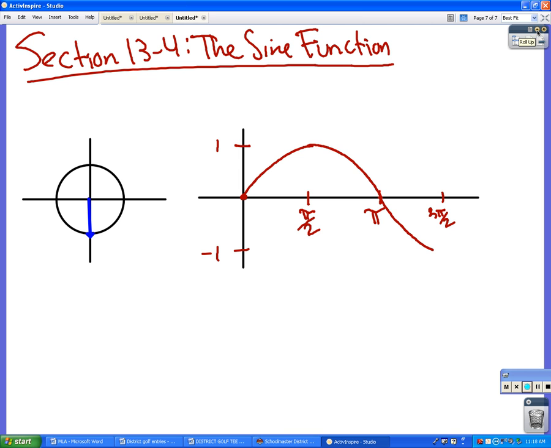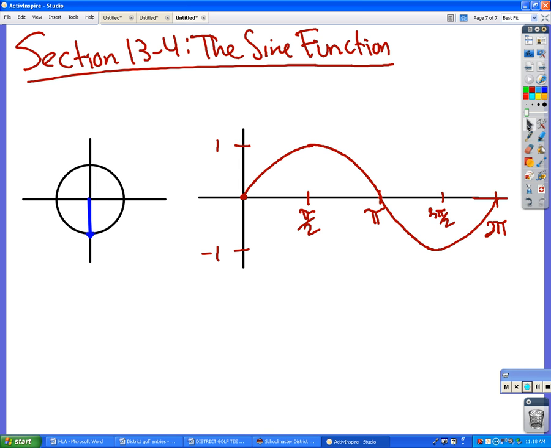We don't even need to play the little circle game here. It's going to come back up until it gets to 0 at what? 2 pi. So when I go back here to 2 pi, it's going to be 0 again. And if I didn't stop there, but decided to continue around the circle again, what would happen then?